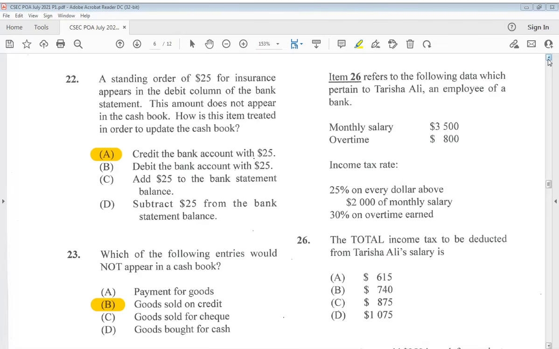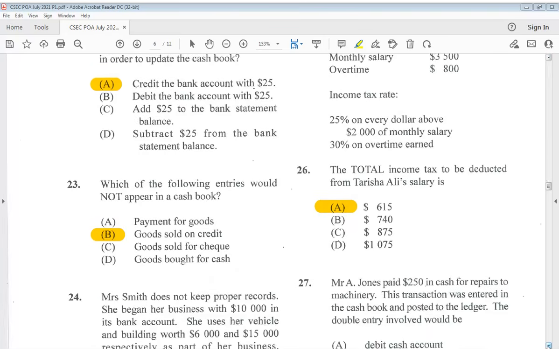So that's $1,500, and 25% of that is $375. And some more information, it says 30% on overtime earned. So 30% of $800, that's $240. And we add those two figures, 375 and 240. That would give us $615.